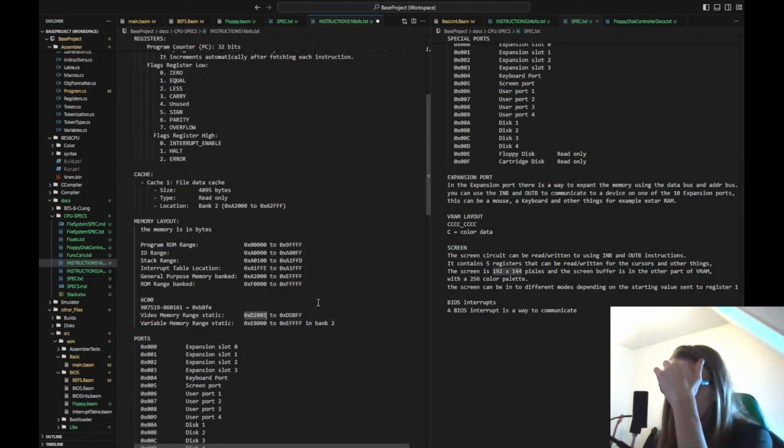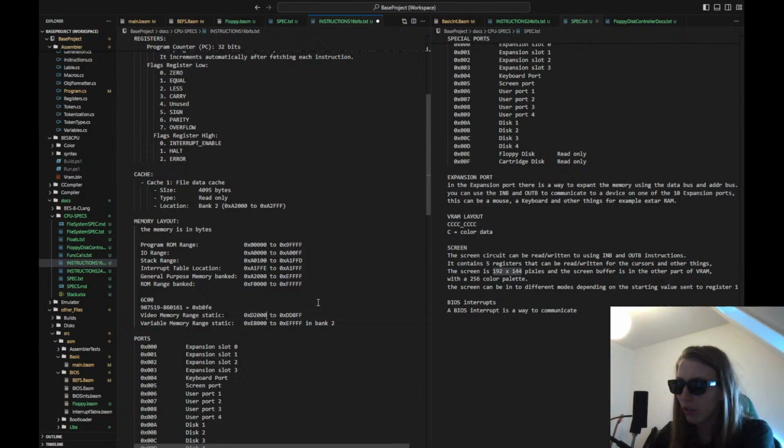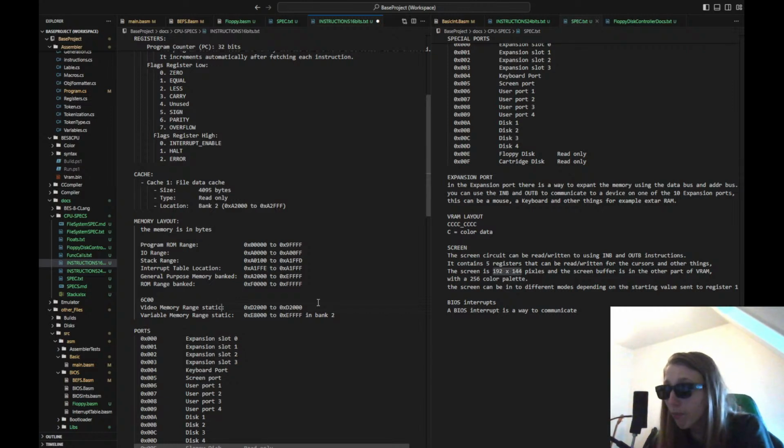So if we take this as the base address, why is there just a random 1 there? We don't need that bit to be set. Yeah, and then we copy the exact same address here. Now we need to do some calculations, so beware of that. I'm going to be wrong. So that's A, that's C, and that's 0, 0.